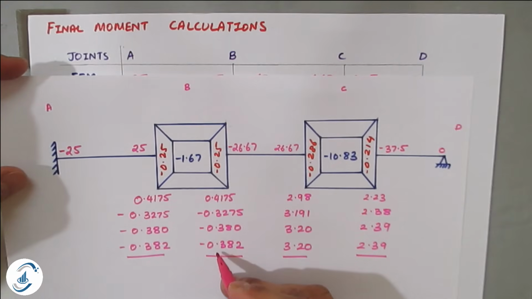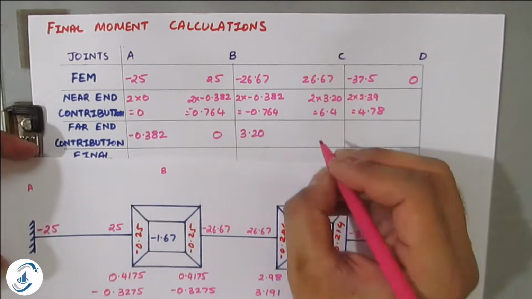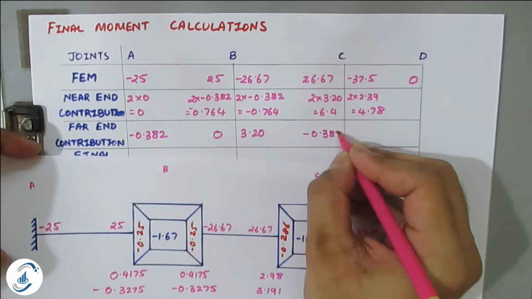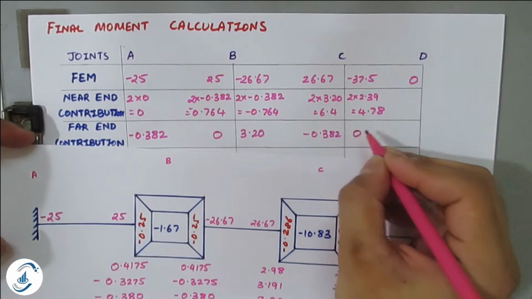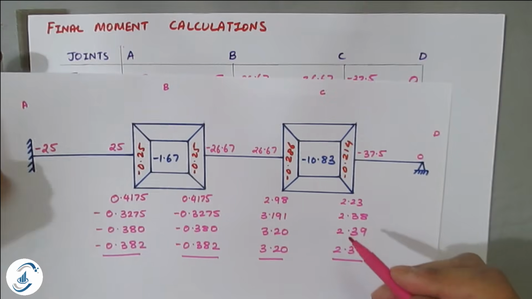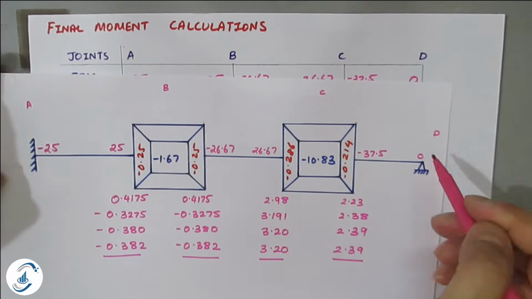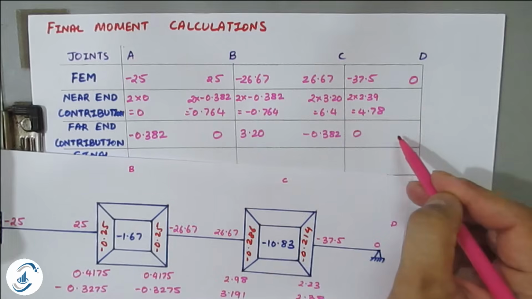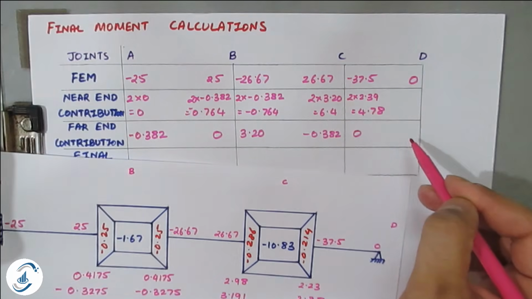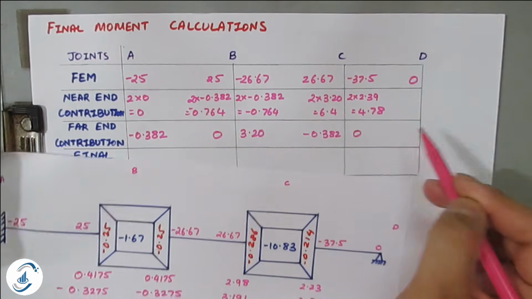CB the far end is minus 0.382. CD, the D end is 0. And DC, don't write anything for far value because D is already 0, so we don't need any contribution here. Don't write anything in this particular column.